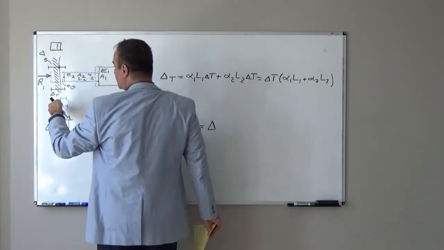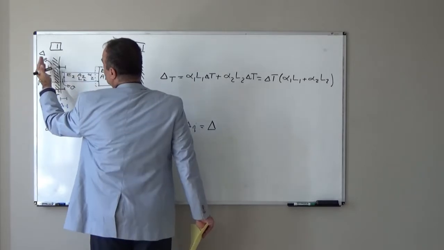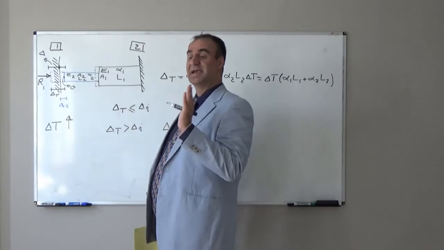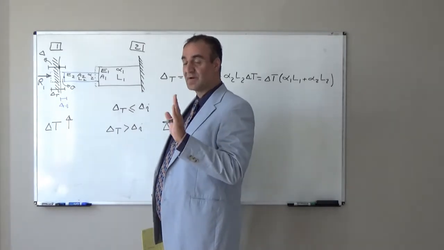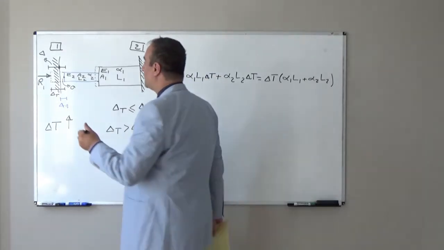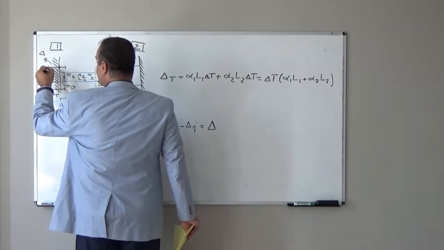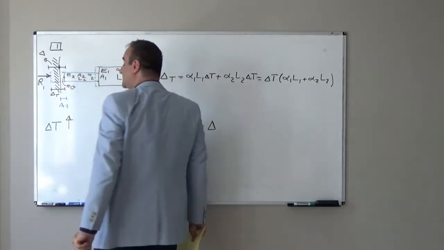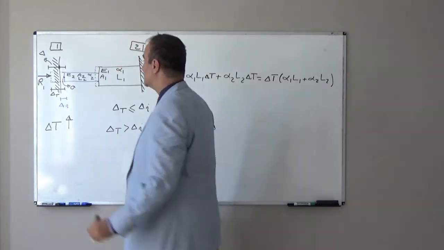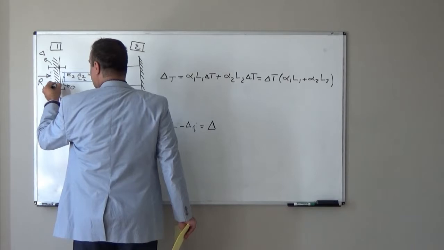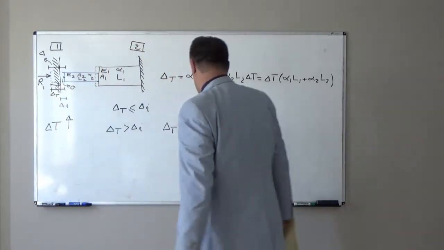After this wall line, it will go from right to left as much as delta. But because we have that wall, it will not allow this delta deformation. So that reaction will return that delta deformation.